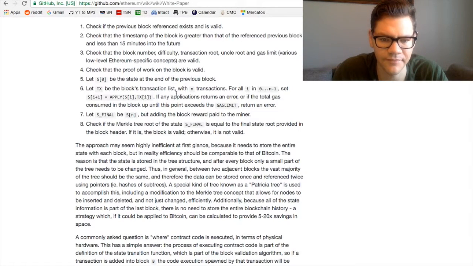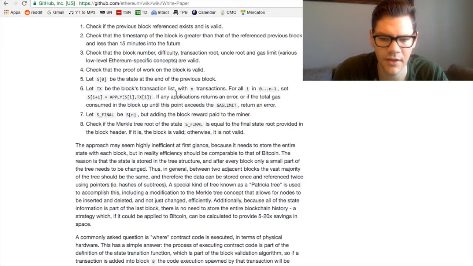Thus, in general, between two adjacent blocks, the vast majority of the tree should be the same, and therefore the data can be stored once and referenced twice using pointers, that is, hashes of subtrees. A special kind of tree, known as a Patricia tree, is used to accomplish this, including a modification to the Merkle tree concept that allows for nodes to be inserted and deleted, and not just changed, efficiently.